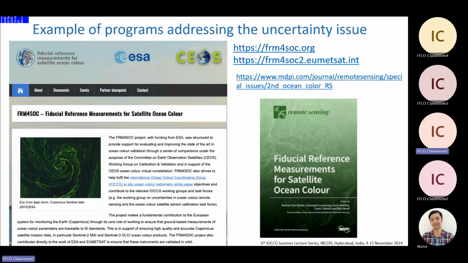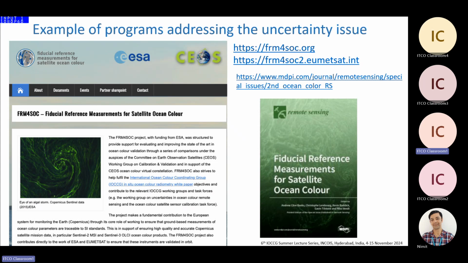Okay, I think I'm nearly at the conclusion. It's just giving you a few examples of programs which have been addressing this uncertainty issue for quite a while. So this is FRM4SOC.org, which means fiducial reference measurement for satellite ocean color.